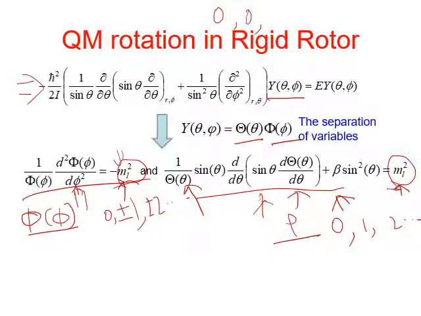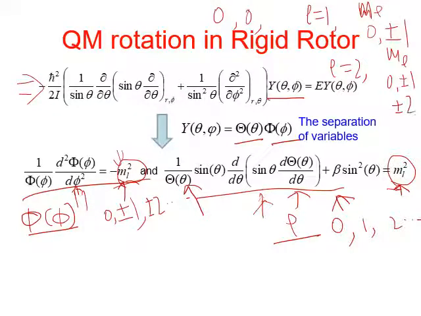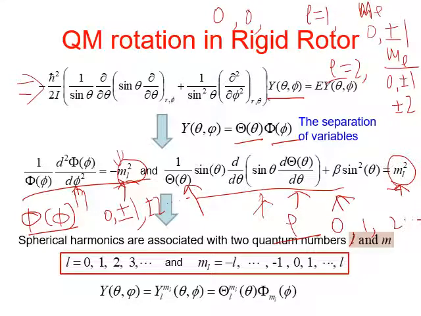When l equals 1, then ml can be 0, ±1. That's all. When l equals 2, then ml can be 0, ±1, ±2. In other words, the maximum ml is l. So in general, l can be 0, 1, 2, 3, 4, keep going, and ml can be 0, ±1, ±2, until ±l.